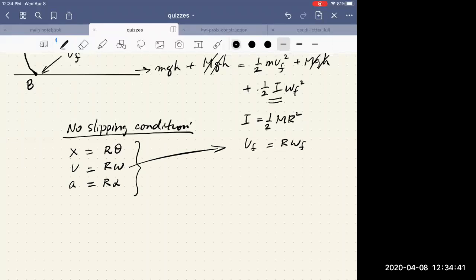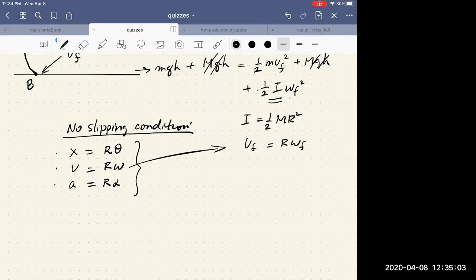So what does no slipping condition mean? Once again, it means that as the string unwinds and the pulley turns, the way the string comes down and the amount by which the pulley turns, they are related by these three conditions. And any one of them typically ends up being useful.